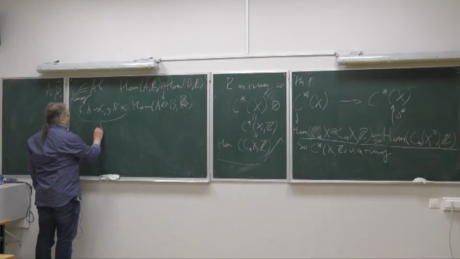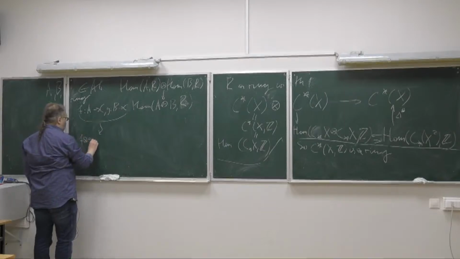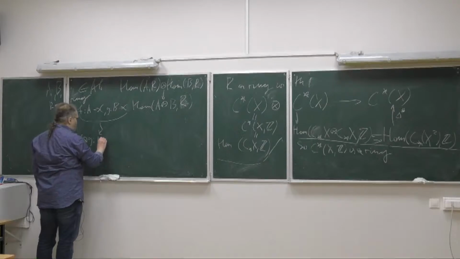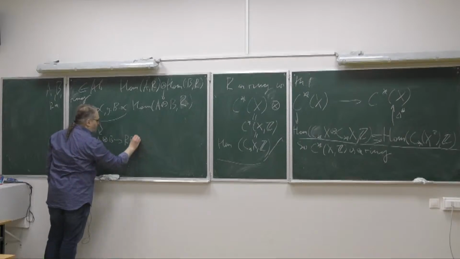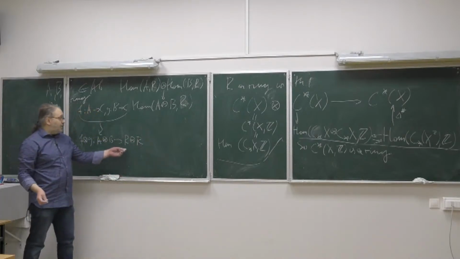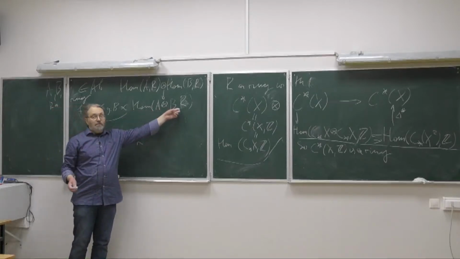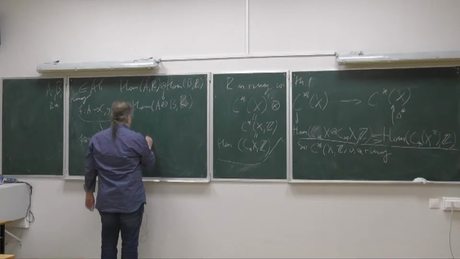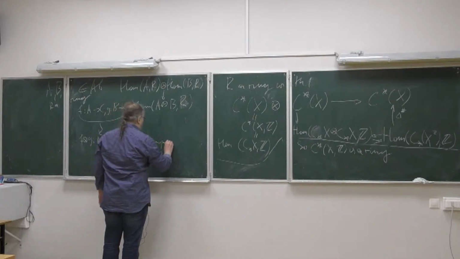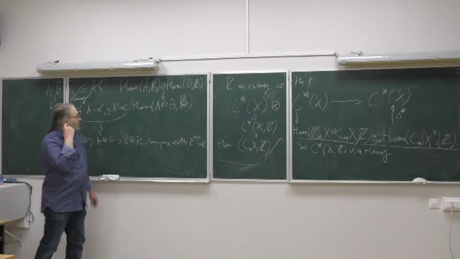Okay, so if I have f and g, I have f tensor g, which goes from A tensor B to R tensor R. And then I just take the product on R and get an element here.